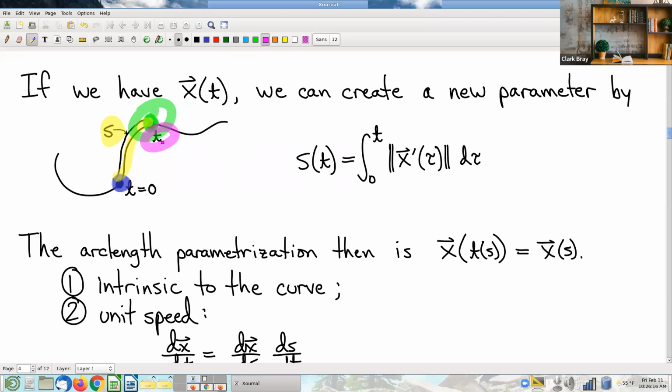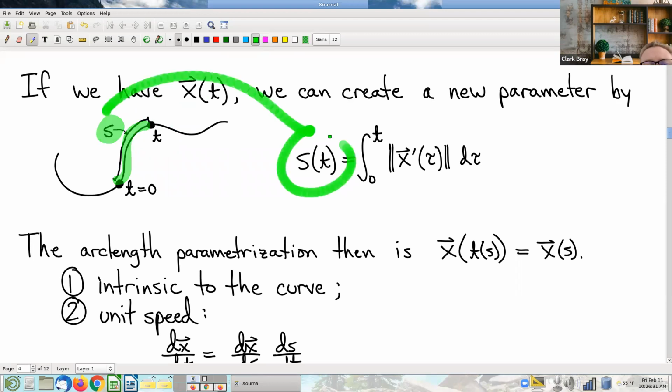Just a different parameter. And again, we can write down a relationship between the parameters, again, because we know how to compute arc length. So arc length, see, here it is, that distance s is an integral. It's an integral of speed. Specifically, an integral that starts at wherever point I'm calling my base point.